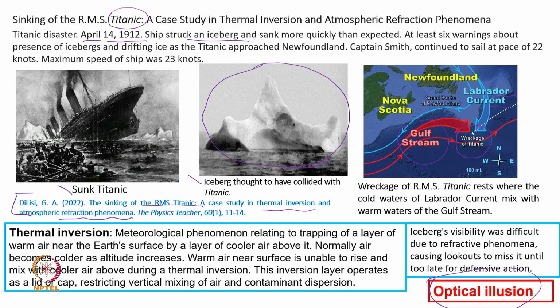That means something which we are seeing may not be correct. We have seen this kind of situation, particularly when you drive a car on a road and find that some water is apparently there, maybe on a coal tar based road, but it may not be water.